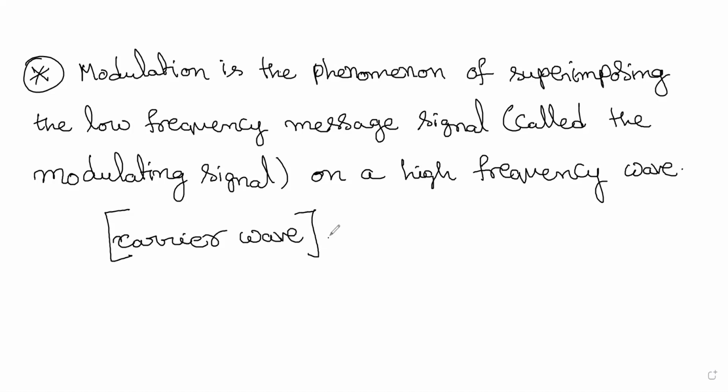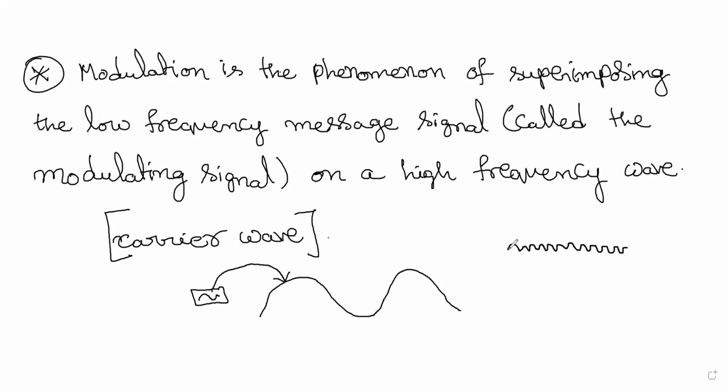So what this is, is that you have a very low frequency wave and now there will be a high frequency wave. The small wave will be placed over this one. The high frequency wave has a very small wavelength, and the low frequency wave has a very long wavelength.